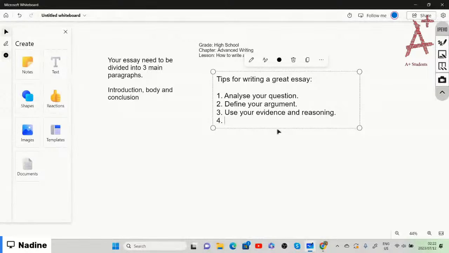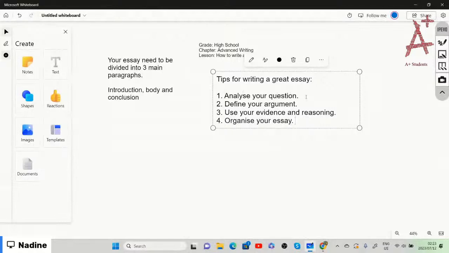All right. So once you use your evidence as well as your reasoning, you are now going to organize a coherent essay. So now you organize your essay. You have analyzed your question.